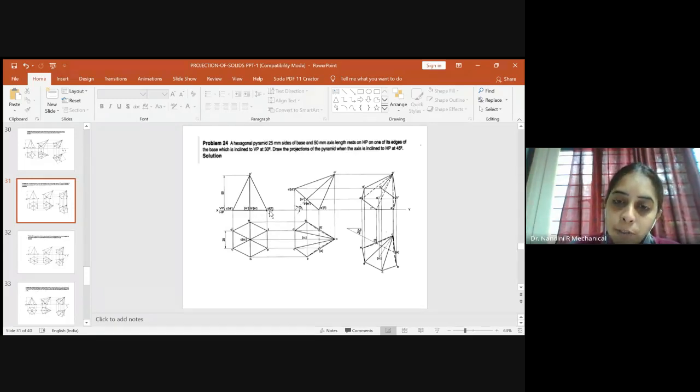Don't do this with respect to the scale. Measure this distance in the compass and just move on this 45 degree line such that the other edge touches the XY line. If you keep this distance over here, it will come below the XY line, right? So you have to move until it cuts exactly on the XY line.